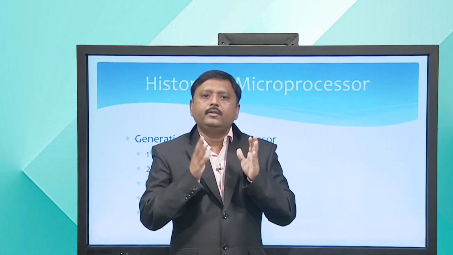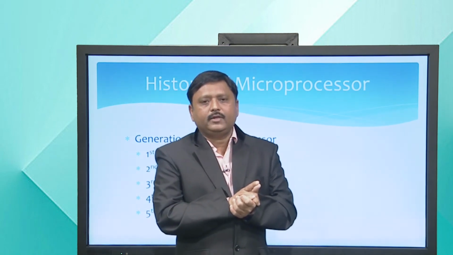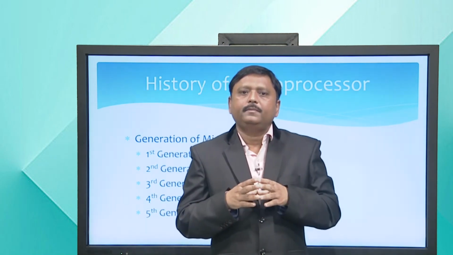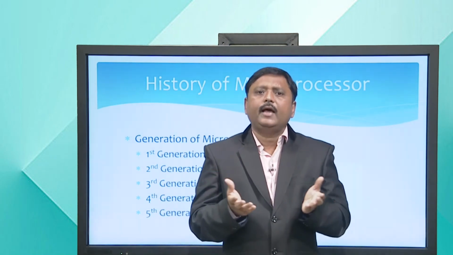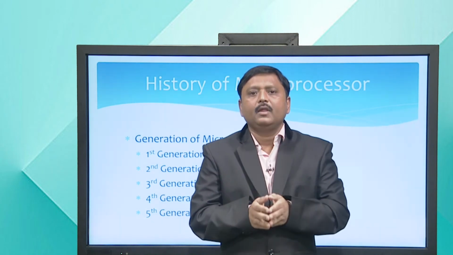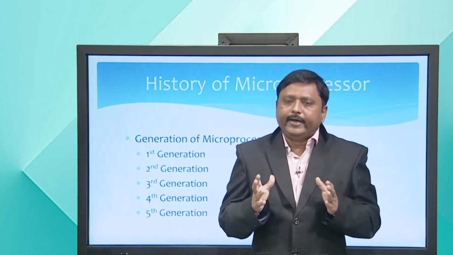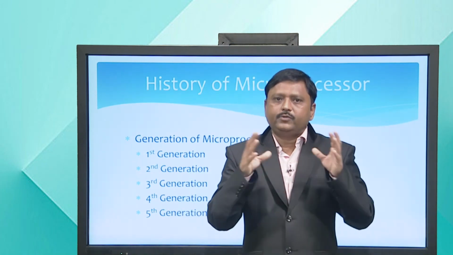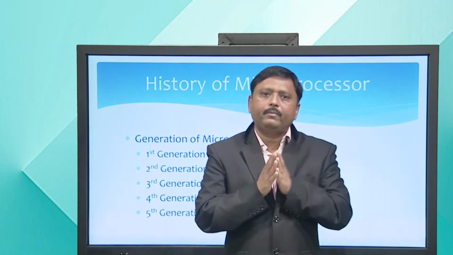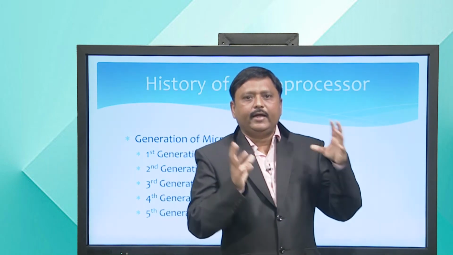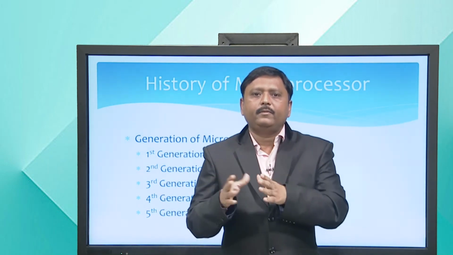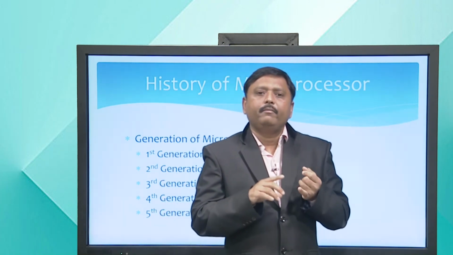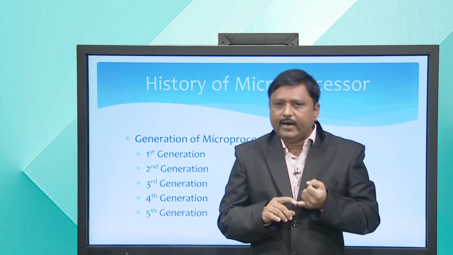So, in this session, we have discussed what a microprocessor is, what the general architecture of a microprocessor is, and what the architecture of the 8085 processor is. We have discussed various parts of the 8085 microprocessor like ALU, general purpose registers, some special registers, buses, and how much memory it can address.